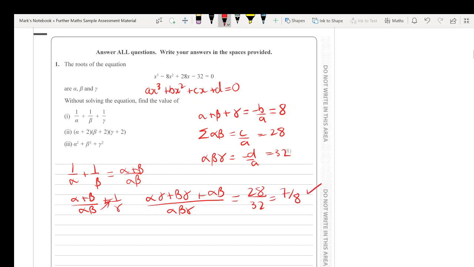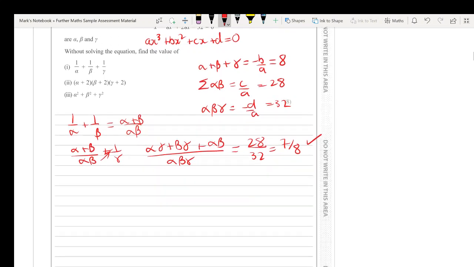The second one, alpha plus 2, beta plus 2, gamma plus 2, you can expand all that out. If I do that down here, I'll do the first two together, so let's do alpha plus 2 times beta plus 2, which will give me alpha beta plus 2 alpha plus 2 beta plus 4.